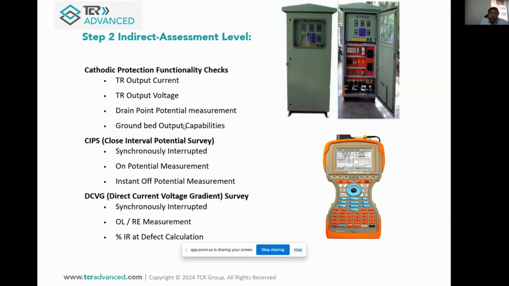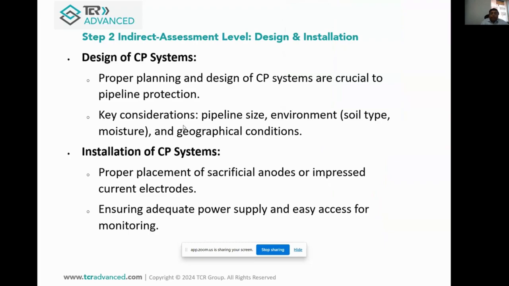Nowadays there are advanced techniques where you can do simulation designs of your AC and DC interference, stray current interference, and you can have a mitigation design. This I am also not covering currently, as it requires lots of discussion and calibrations. So, with this program, we will cover these three: cathodic protection functionality checks, CIPS, and DCVG surveys.